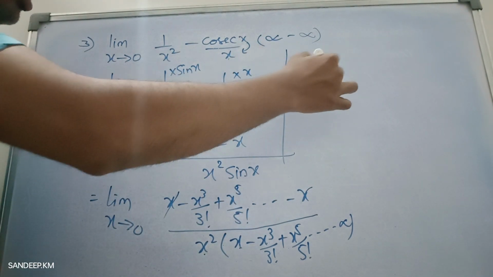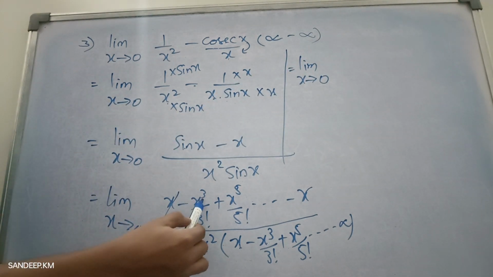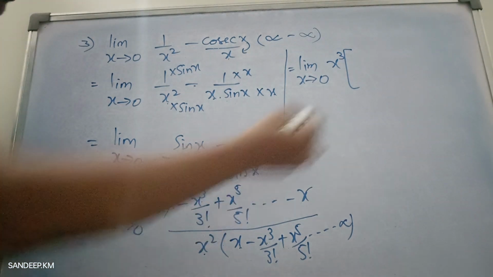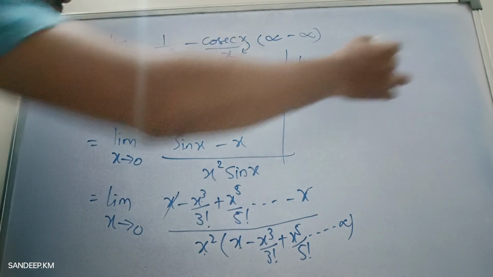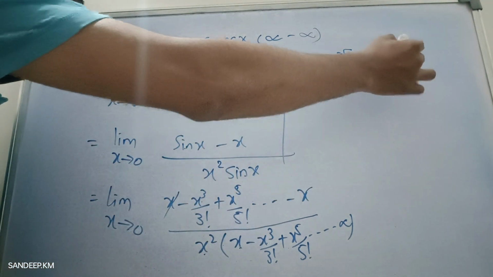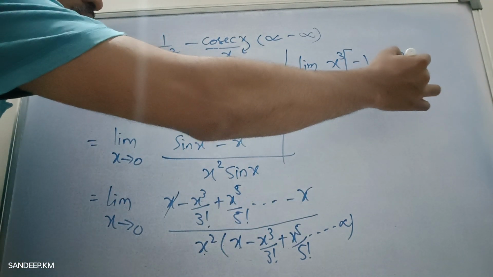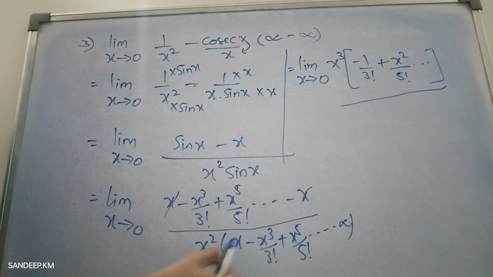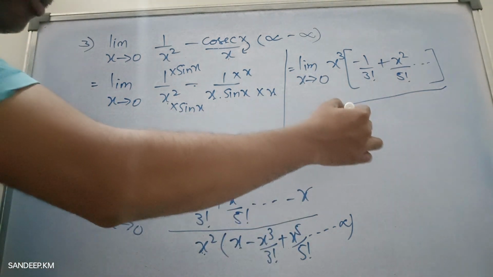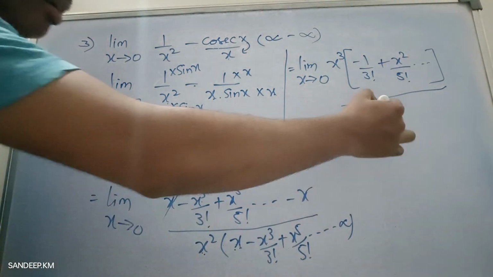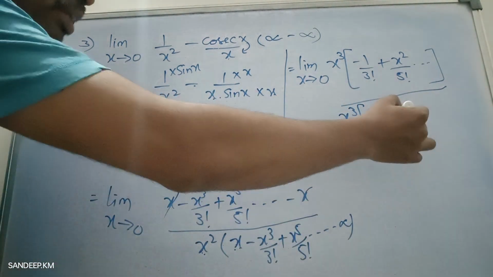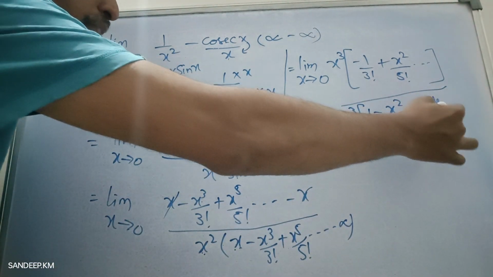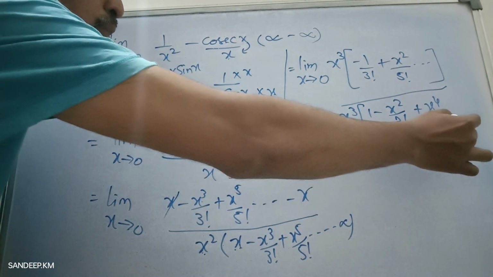Limit x approaches 0, I will take x cube common in every term. What will I get? Minus 1 by 3 factorial plus x square by 5 factorial and so on up to infinity, whole divided by, taking x common in all these terms, x cube into 1 minus x square by 3 factorial plus x power 4 divided by 5 factorial and so on up to infinity.